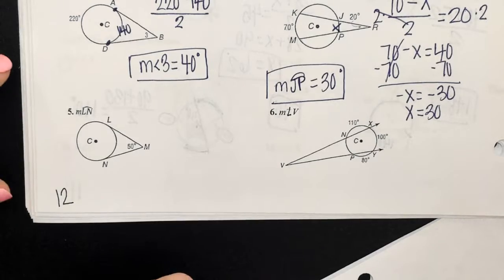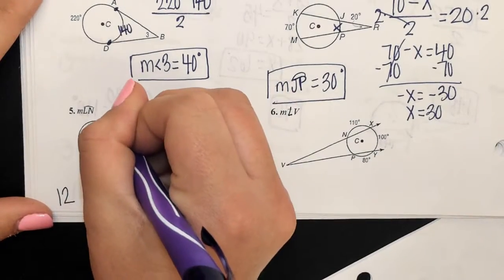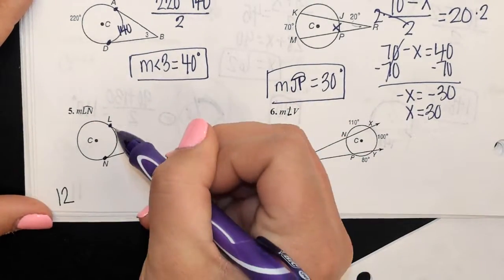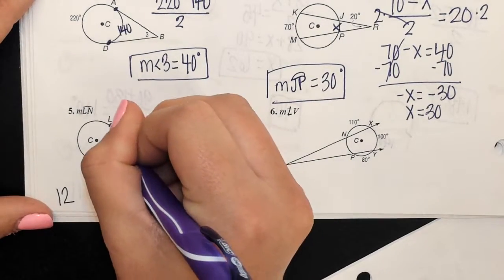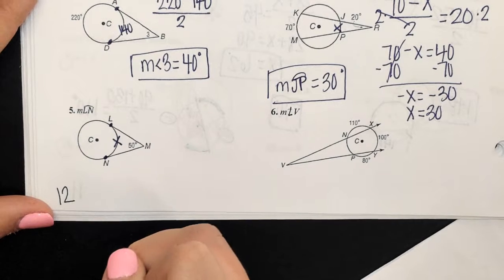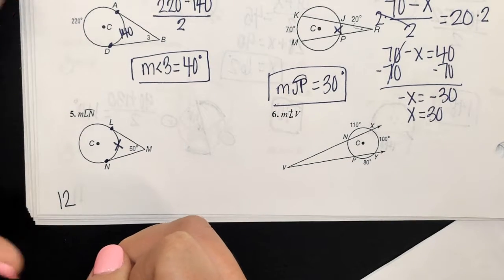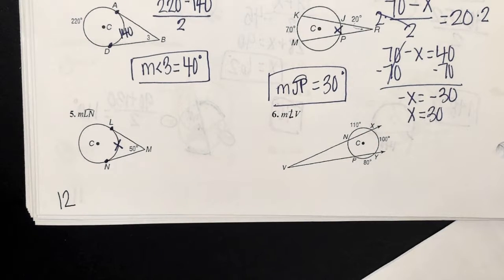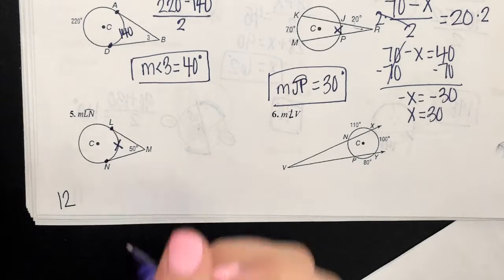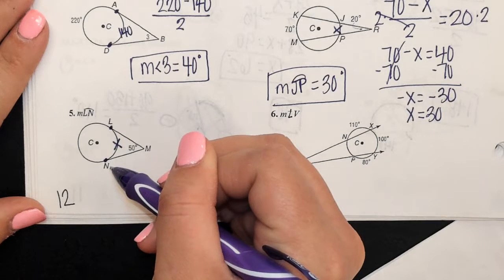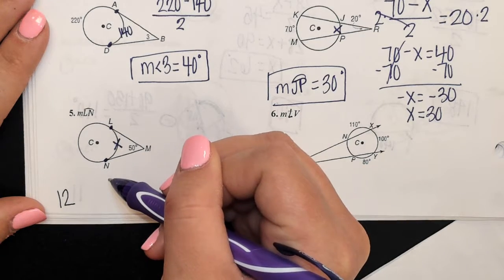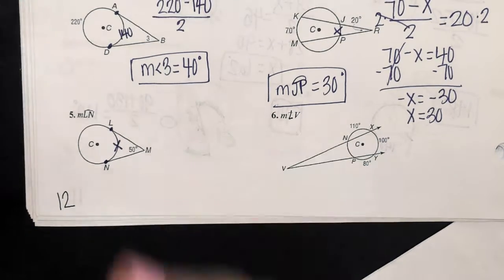360. Can we agree as a class that minor arc LN, let's call that x. There's only 360 degrees and how many arcs? 2. So if we call this x, major arc has to be 360 minus x.